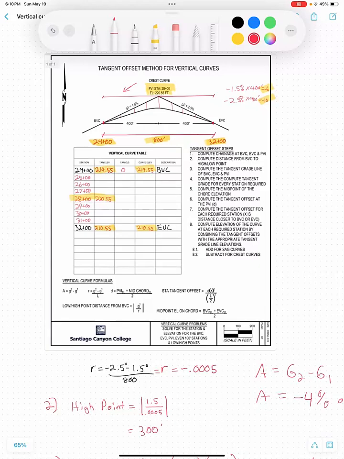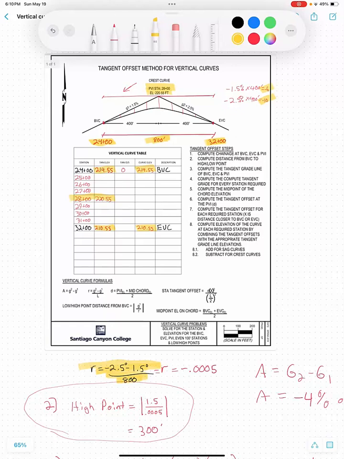One thing we can do is calculate the high point. That's that simple formula here: the absolute value of the slope over that r distance. So that's where that was derived from. The r equals negative 2.5% minus 1.5% over 800, and that r value is 0.0005.